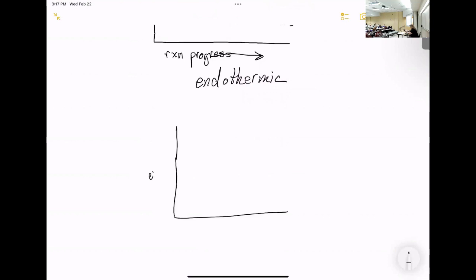Let's say I have energy. I draw, we'll go with the same one I just drew. If I say, okay, what is the energy of activation for the reverse reaction?